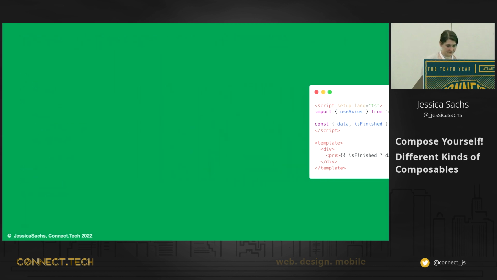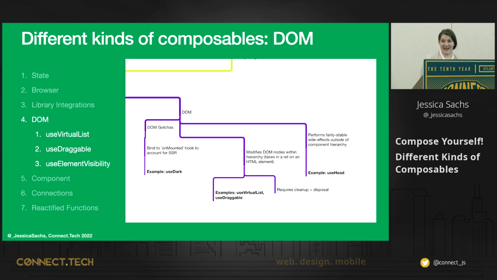All right. So next, we have DOM. Why is this a separate category from browser, you might ask? Well, I categorize DOM as its own thing because it has some isms. It has some gotchas. But in general, you want to make sure your DOM composables take a ref to a DOM node, and then you've got to make sure you clean up.